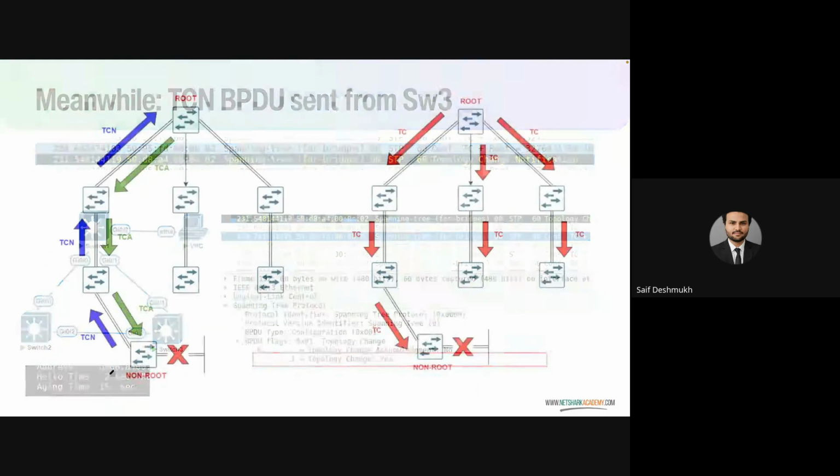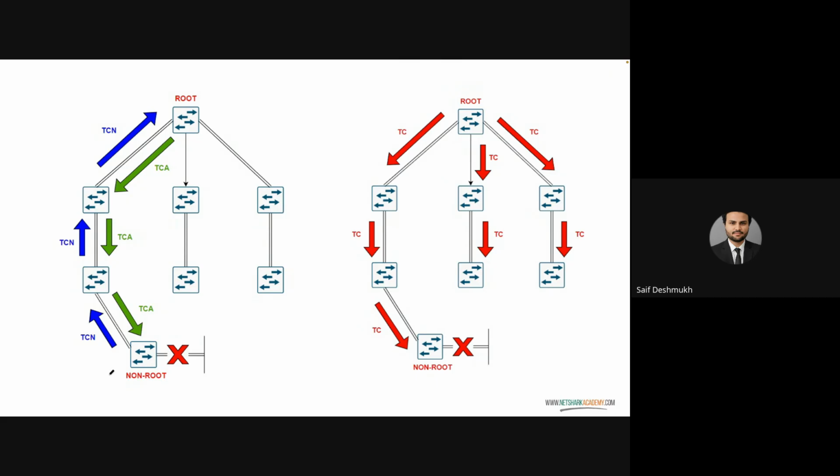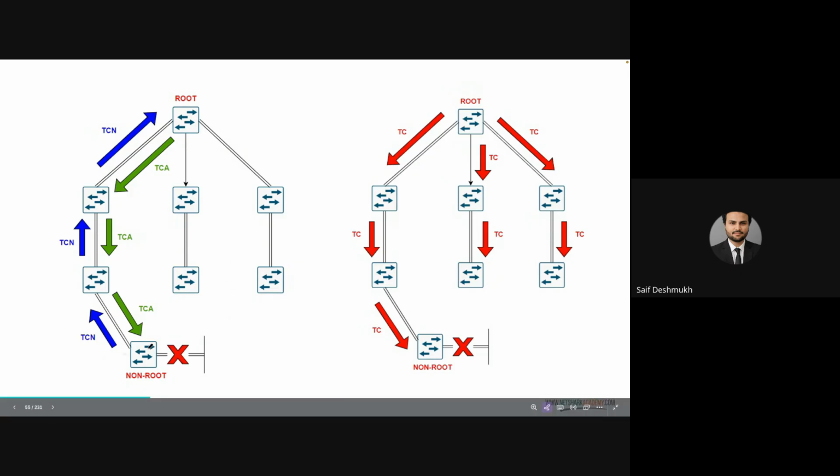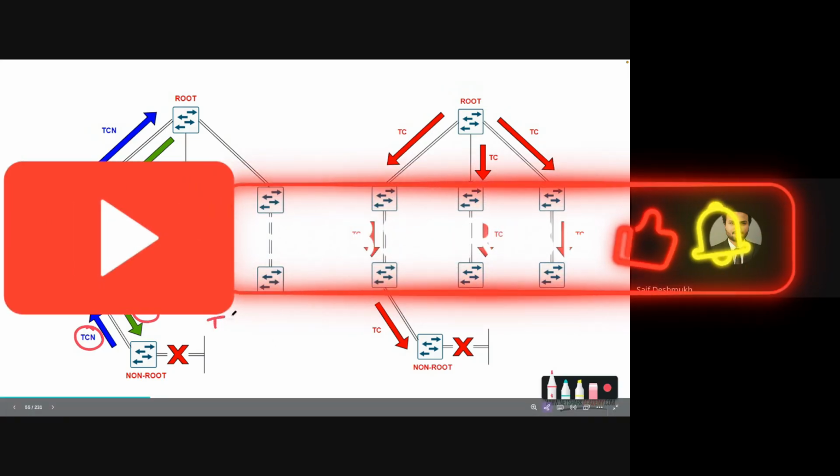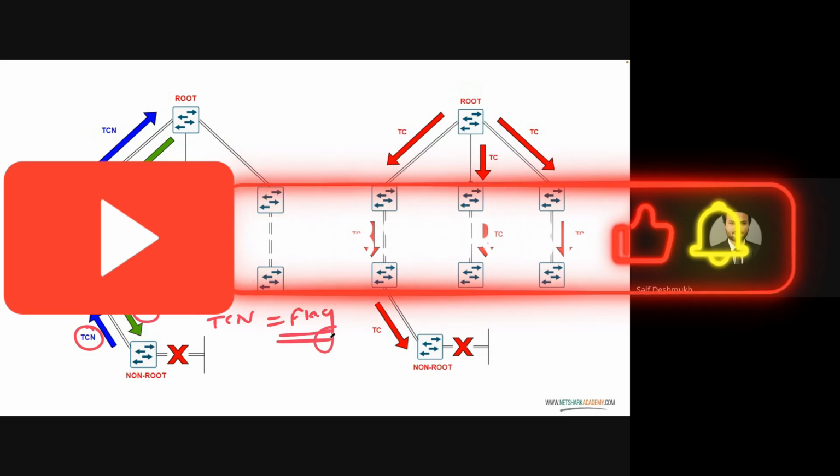Look at this part. You always stop me when you're not able to follow, because otherwise we invest double the time going back, so this will save time. Look at this thing. Don't get confused between a topology change notification BPDU, a topology change acknowledgement BPDU, and the TC flag.